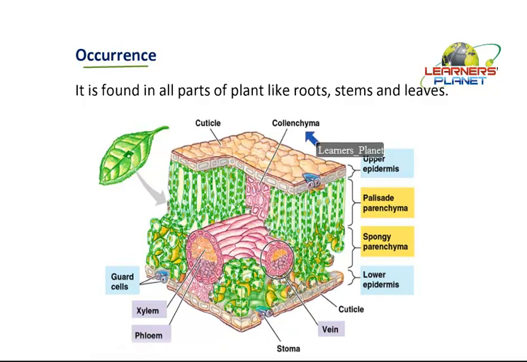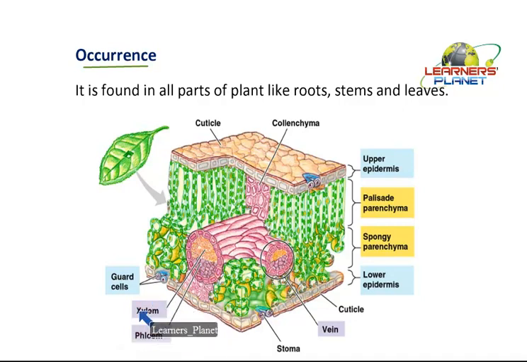What are these midribs made up of? Basically parenchyma, sometimes supported by sclerenchyma, but not usually. It is mainly made up of parenchyma. Now these parenchyma provide flexibility to the structure. And in between these tissues, there is a location for xylem and phloem tissues.